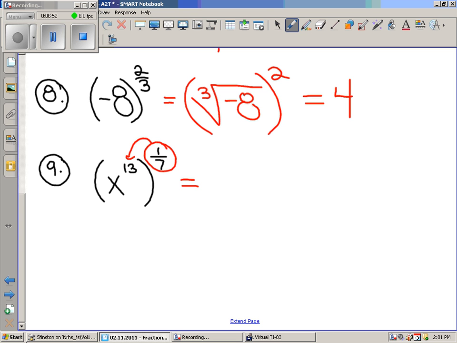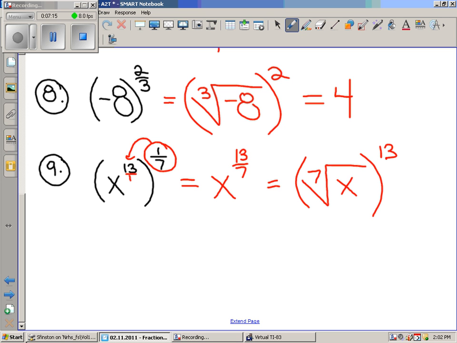Yeah, it's 13 divided by 7. 13 is the same thing as 13 over 1, and then you do top times top, bottom times bottom. That's the same thing as saying x to the 13/7, which therefore is the same thing also as saying the 7th root of x raised to the 13th.